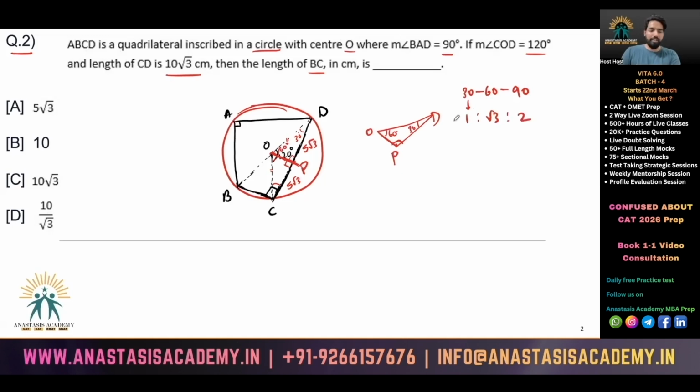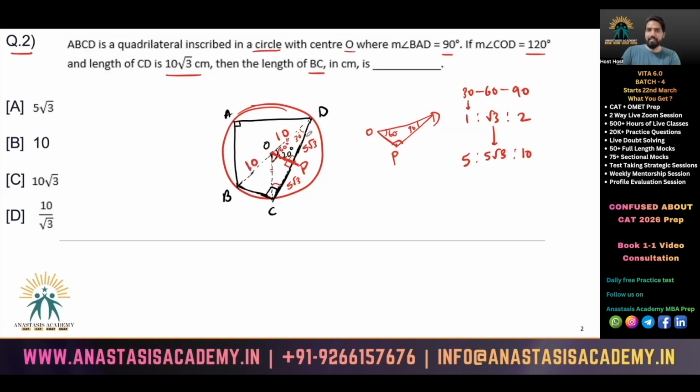The side opposite to 60 degrees is 5 root 3, which means you have multiplied it by 5. So the side opposite to 30 would become 5 and the side opposite to 90 would become 10. So we have OD as 10. OD and OB are equal because these are radii, so OB becomes 10, and BD is 20.